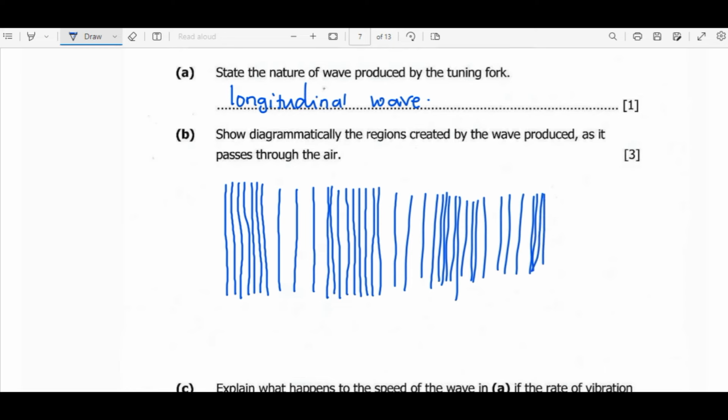So where they are squeezed together is called compression, then where they are spread out, these are rarefactions.